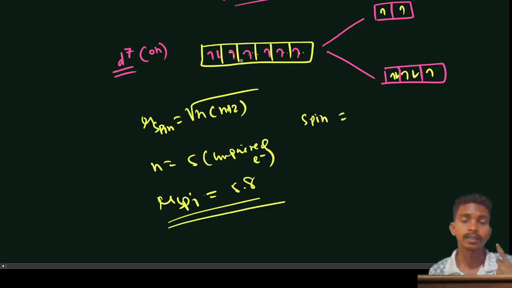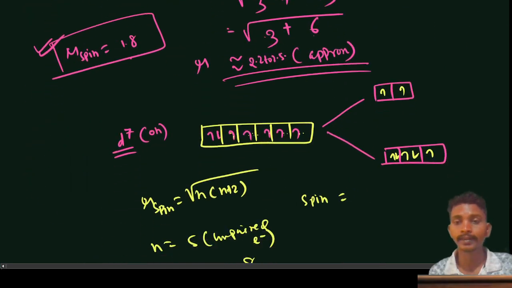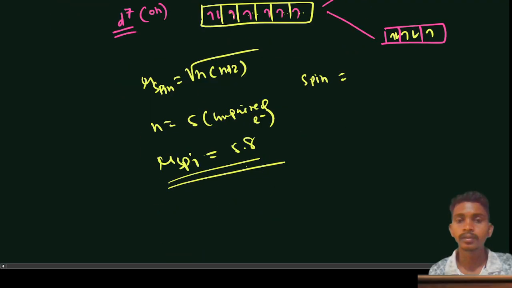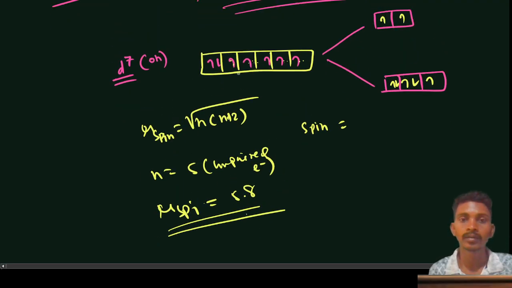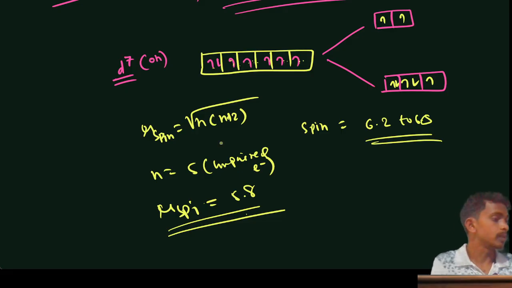Not 7.8, this is the number of unpaired electrons. But since this is triply degenerate, its value will be nearly 6.2 to 6.8; this type of value we will get.